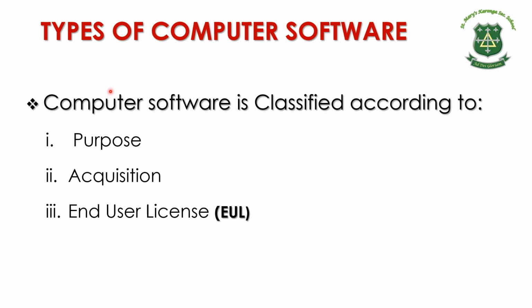In this topic, we have to look at all these software according to purpose, acquisition, and end user license. I will not waste time here defining what the class of purpose, class of acquisition, or class of end user license is. We are going to look at that at a later stage.